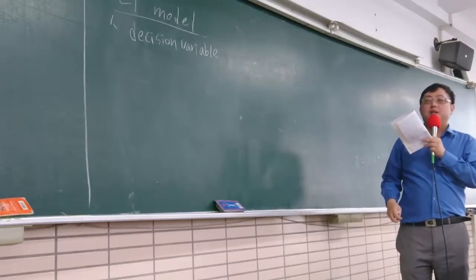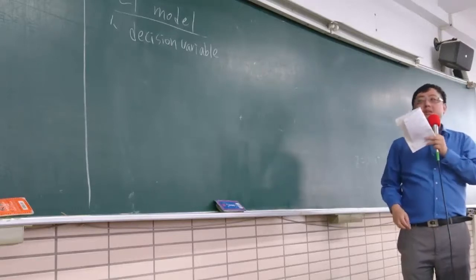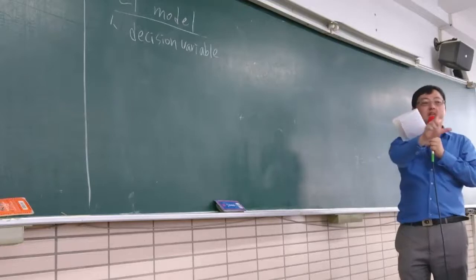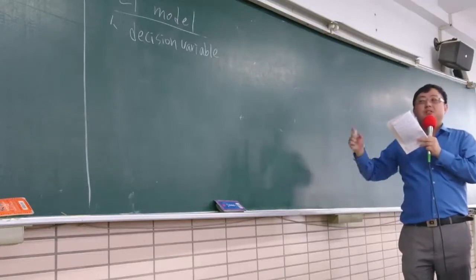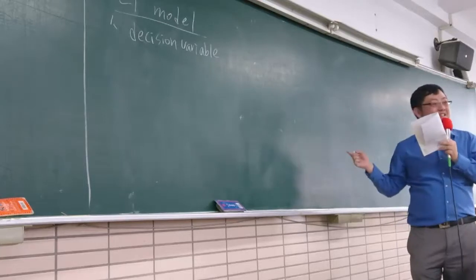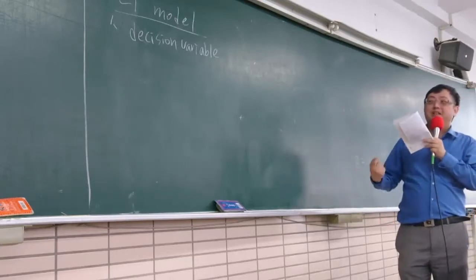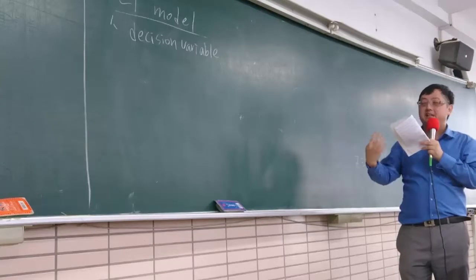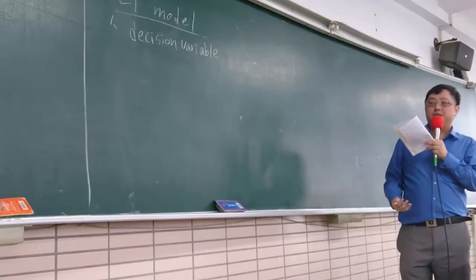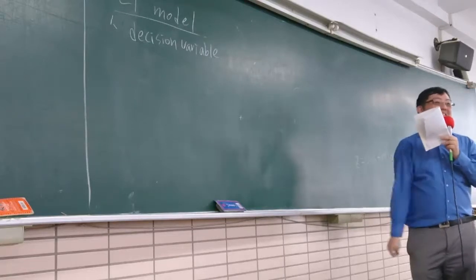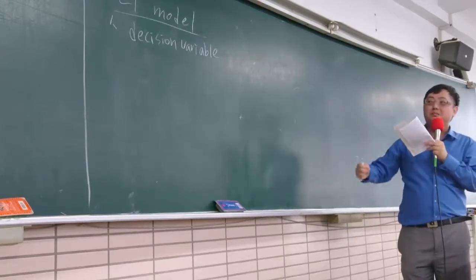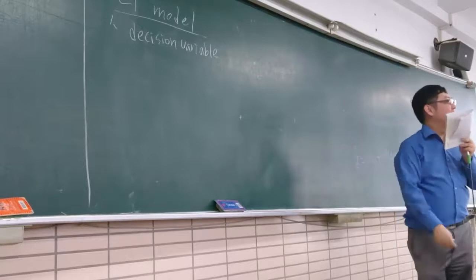We have two products, X1, X2. X1 is the amount of the first type of product. X2 is the amount of another product. So after we get the answer, we know the exact number, how much X1, how much X2 to produce. So X1, X2 is the decision variable.